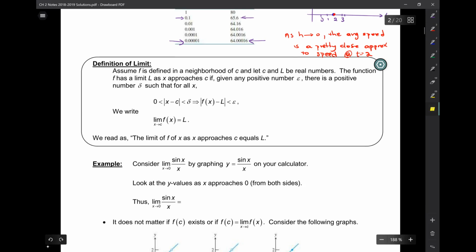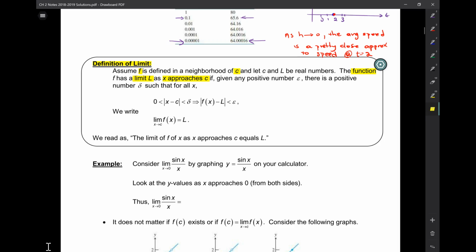All right, definition of a limit. Okay, so here is where we come into all these crazy symbols. If f is defined at a point C, and left and right of C, and suppose f has a limit L as x approaches C, then, here's where it gets mathy, there is a positive number delta.